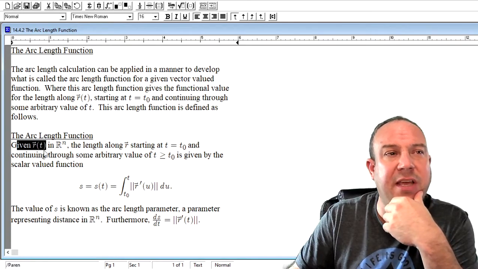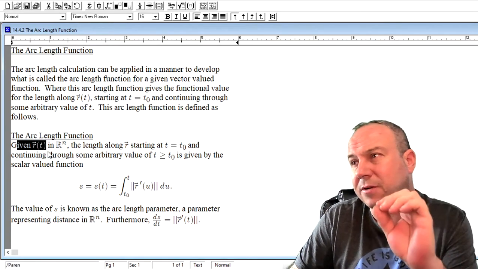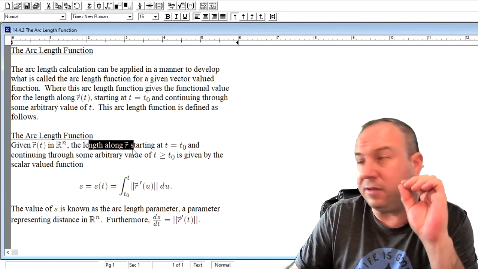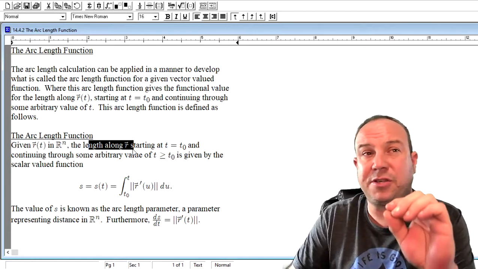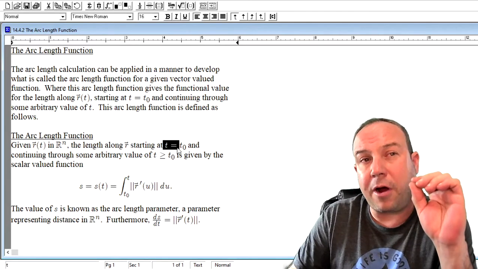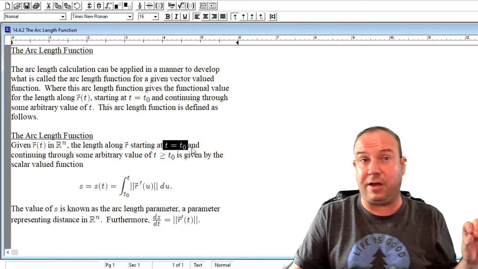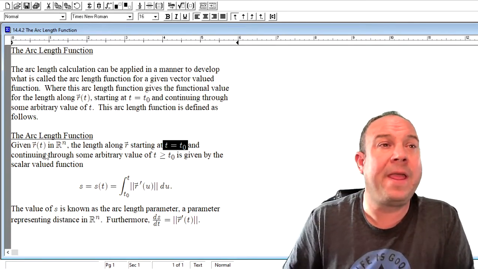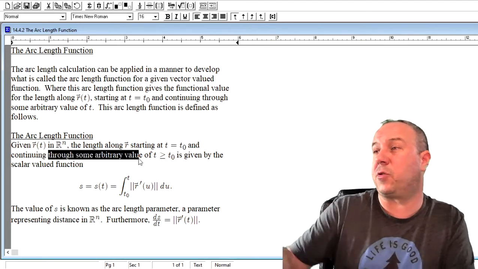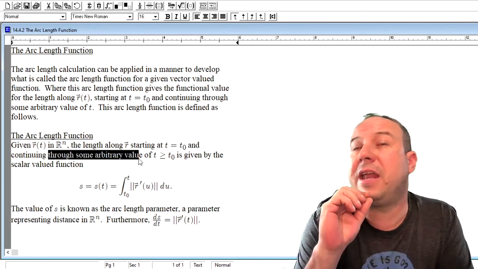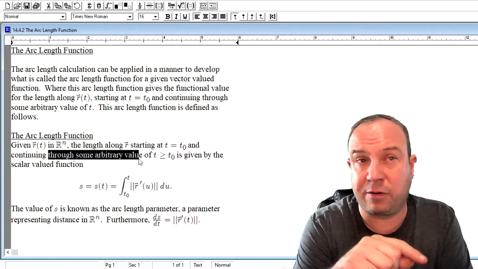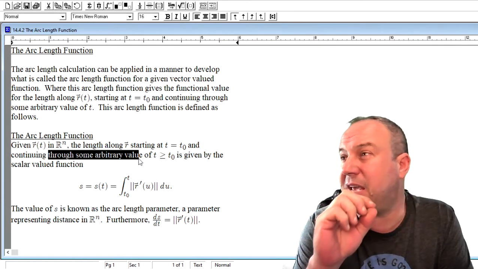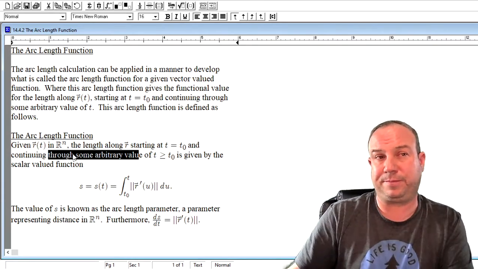But what we are going to be given is r bar of t, this vector valued function in n-dimensional space, right? The length along this n-dimensional vector valued function, starting at a particular observed value of t, and continuing off through some arbitrary value of t that is greater than or equal to that observed starting position, right, is given by itself a scalar valued function.